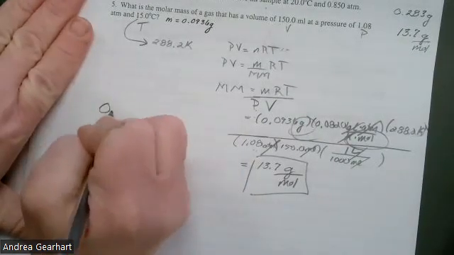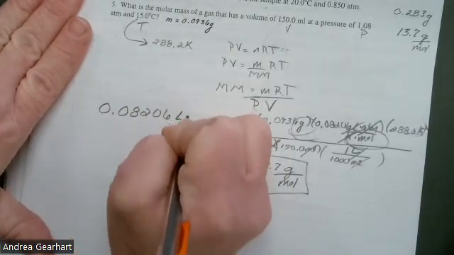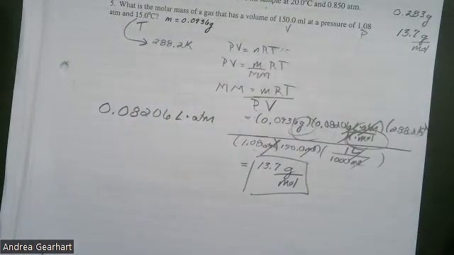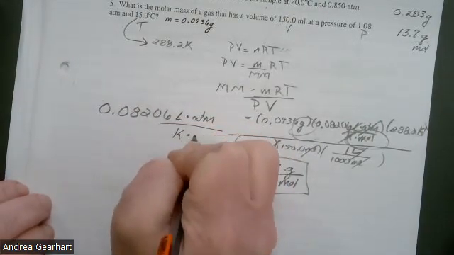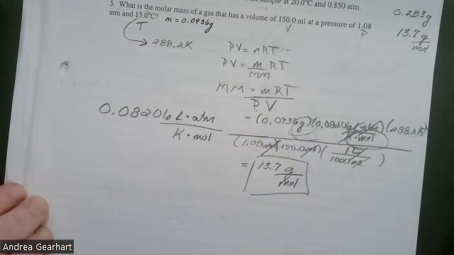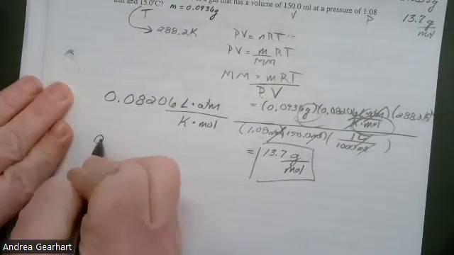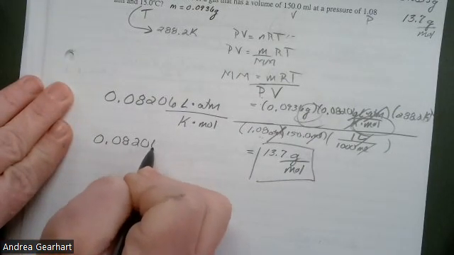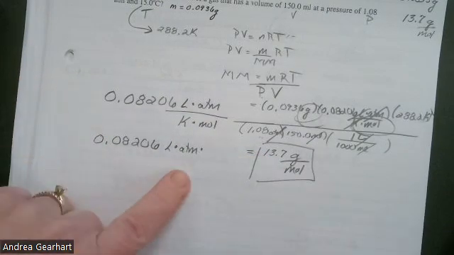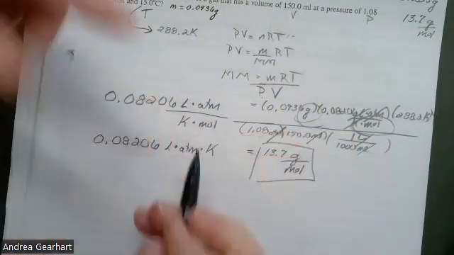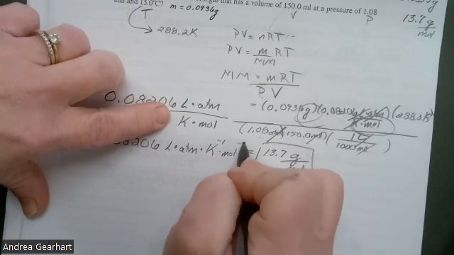Okay, the R value is 0.08206 liter atmosphere per Kelvin mole. So it's just liter and atmosphere in our numerator per Kelvin mole. Often, if it's a College Board question, instead of writing in the denominator, they'll express these to the -1.